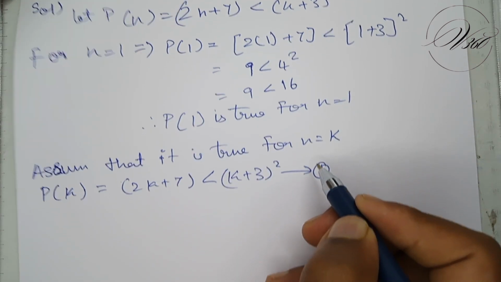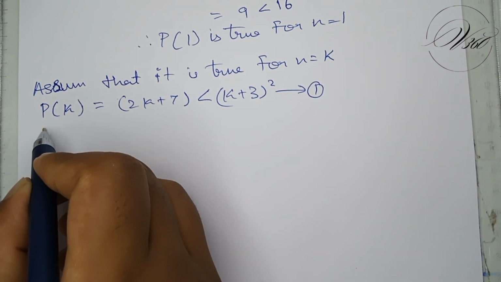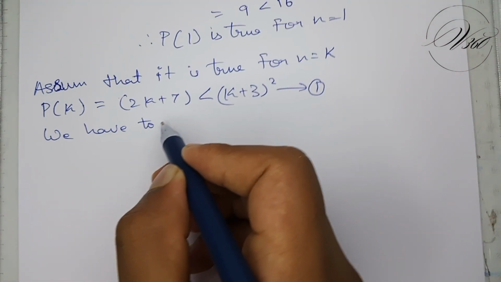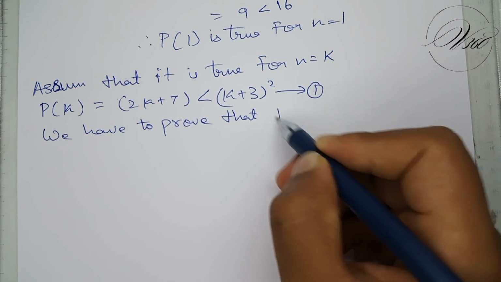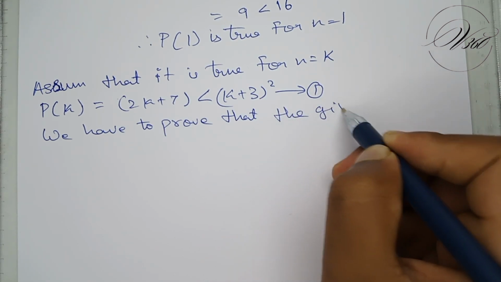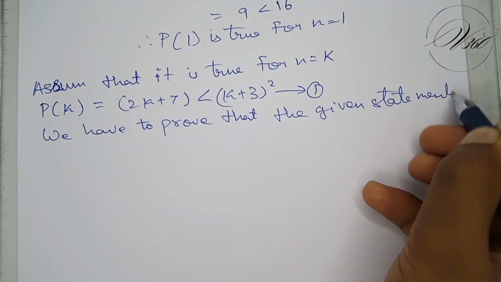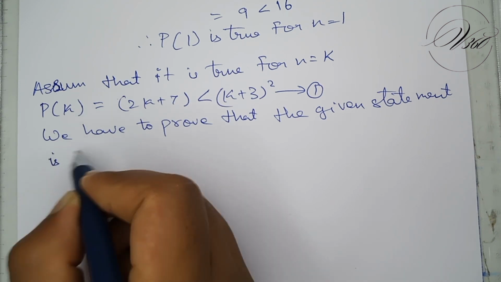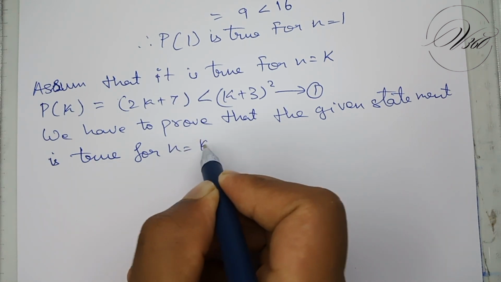This is the first equation which we get. Now we have to prove that the given statement is true for n is equal to k plus 1.